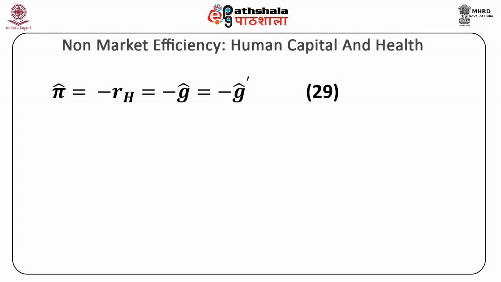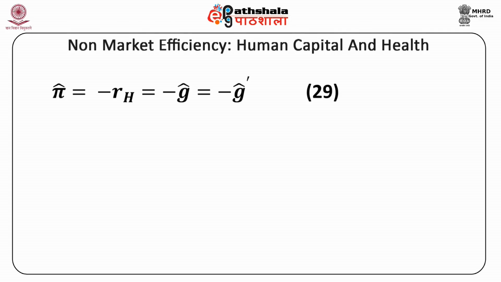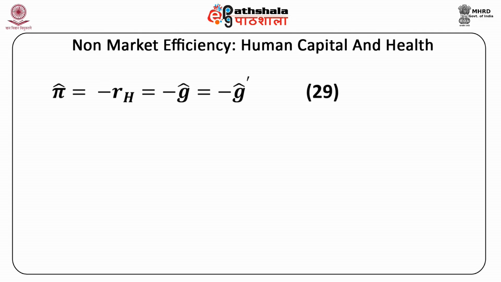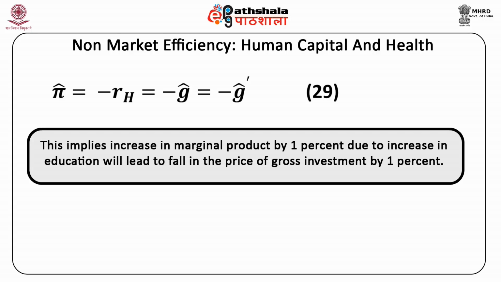Therefore, pi hat is equal to minus RH is equal to minus G hat is equal to minus G dash hat. This implies an increase in marginal product by 1% due to an increase in education will lead to a fall in the price of gross investment by 1%.